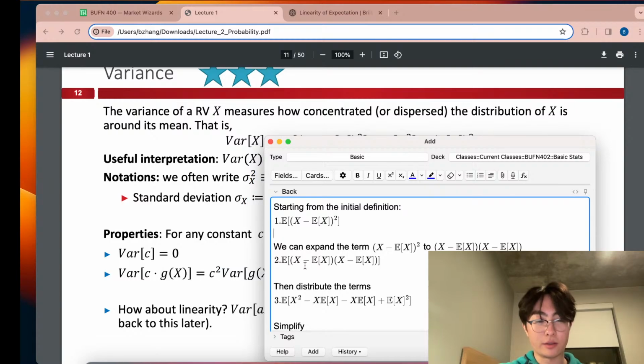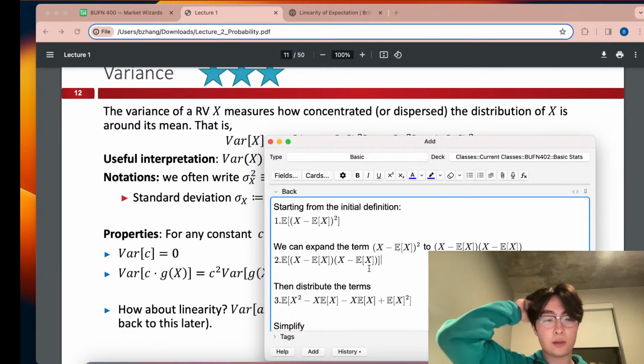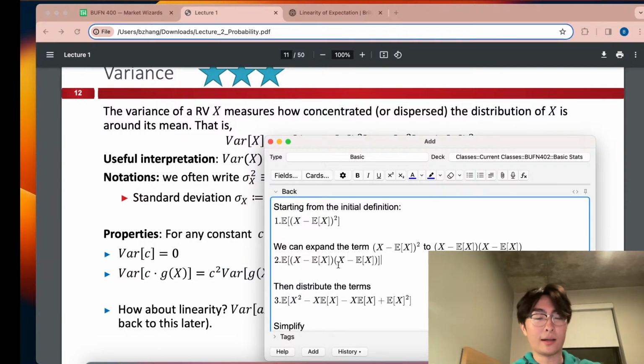Right, so maybe this x minus, so x times x is x squared. x times negative expected value of x. So x times the expected value of x, right? Negative x times x is x times negative. Ah, man.